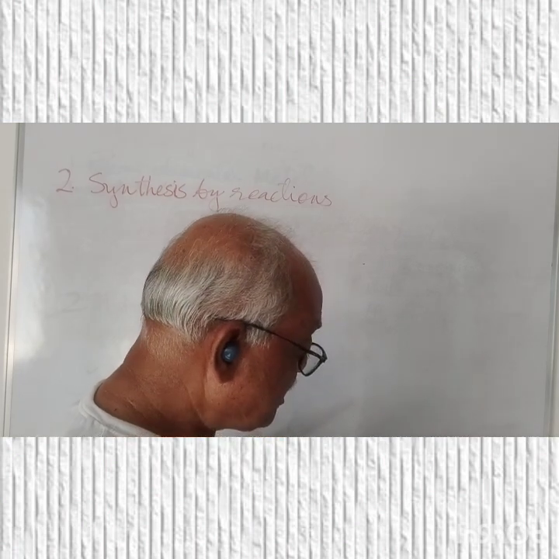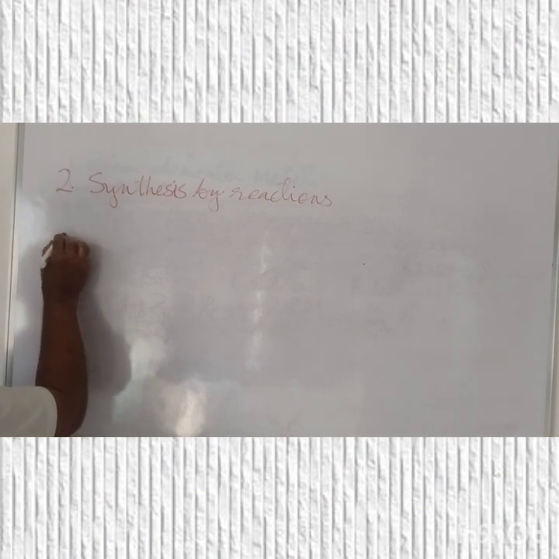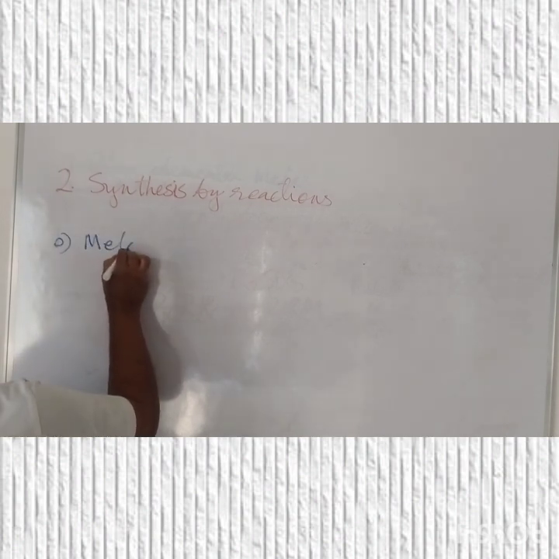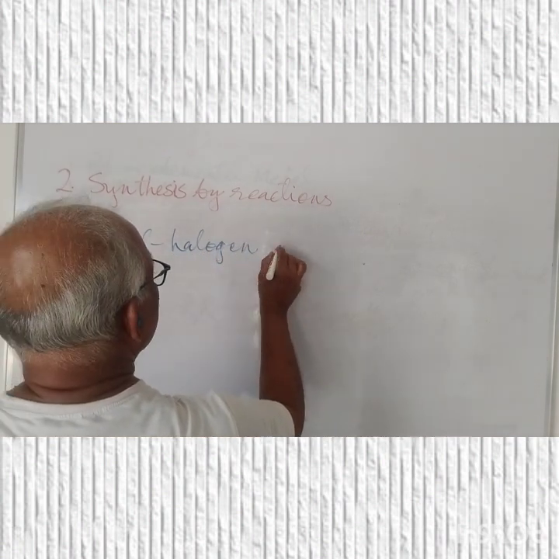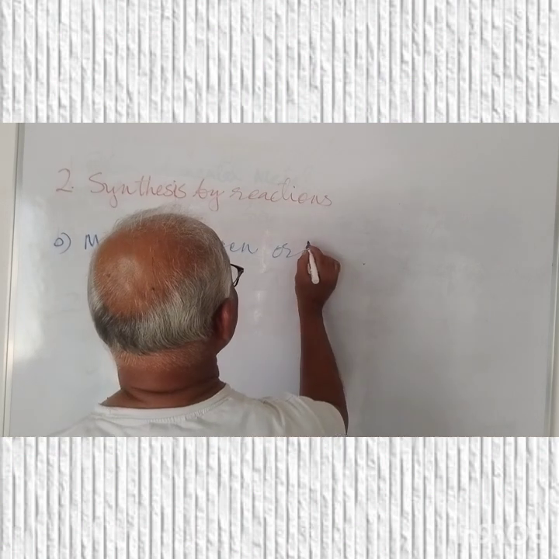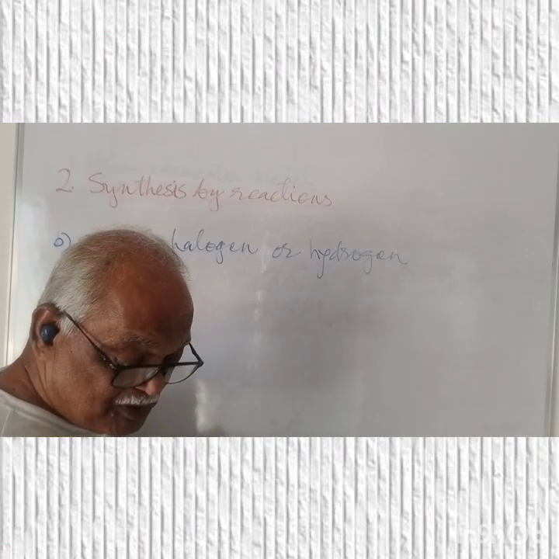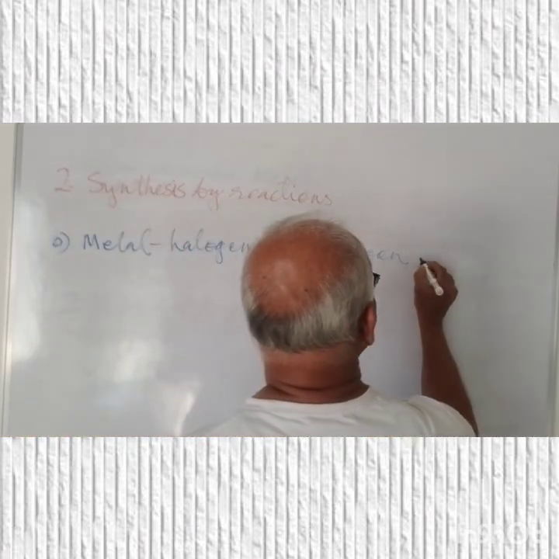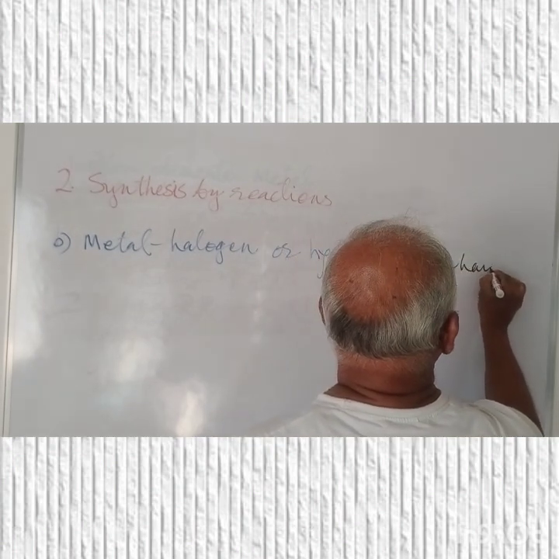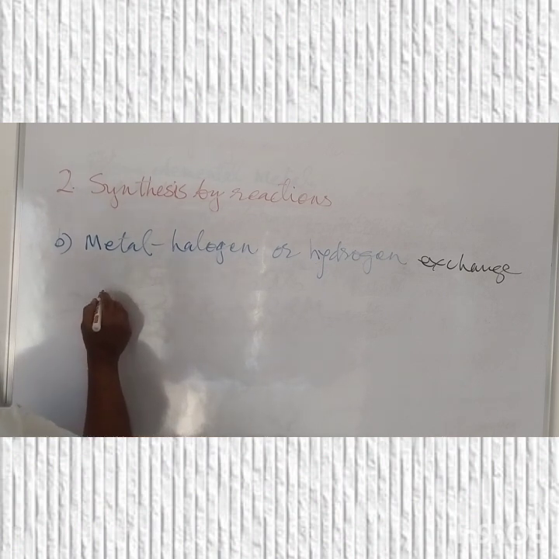Second type is metal halogen or hydrogen exchange. For example, we can generally represent this as here RnM.